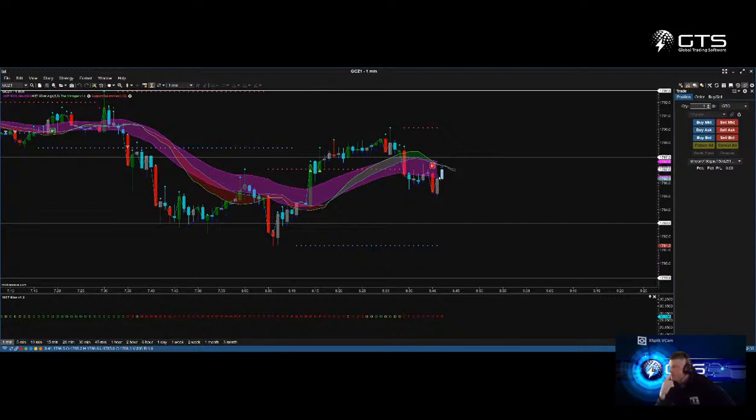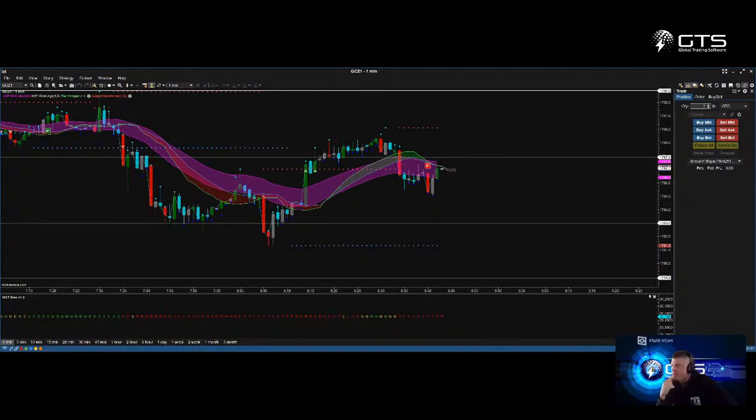Keeping an eye on that right there. Don't have any other alerts right this second. She's still hanging on. She hasn't pierced that thing yet.